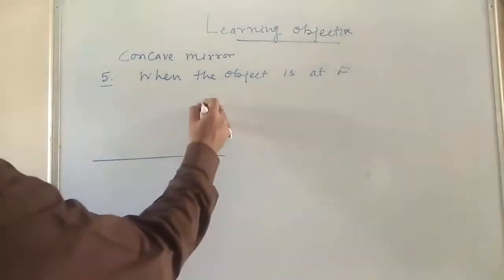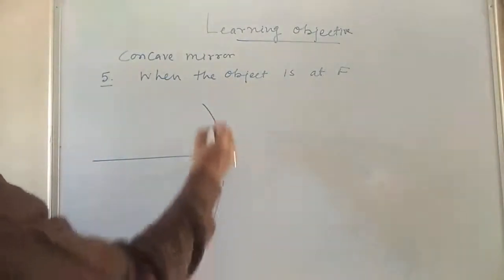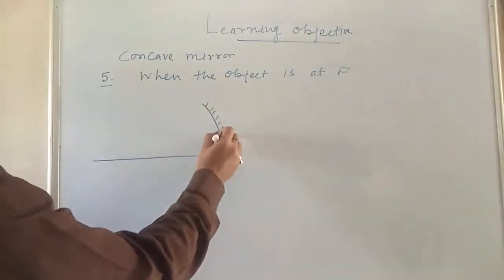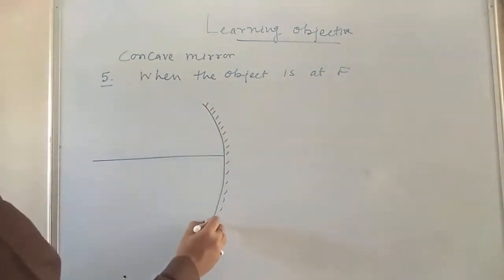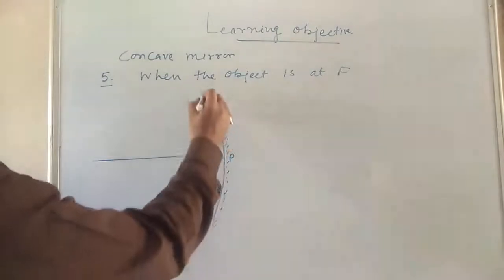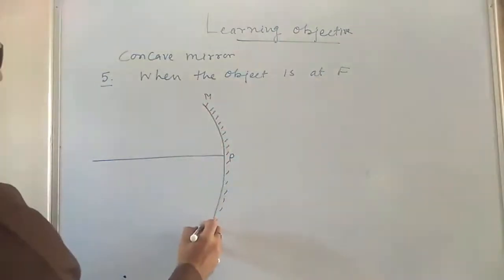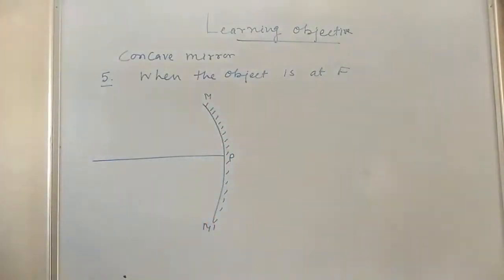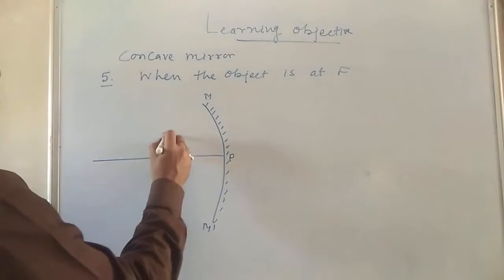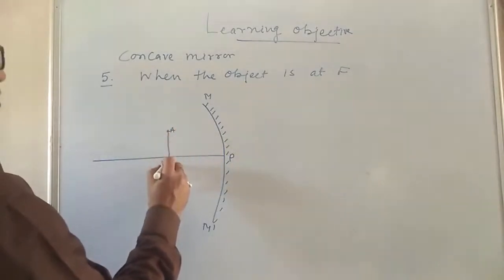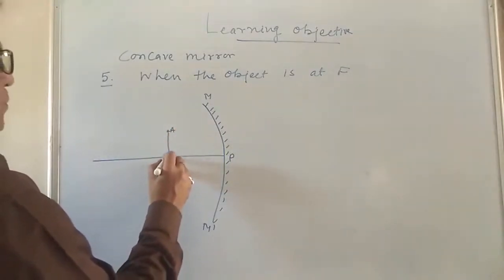This is the principal axis. Here is the concave mirror. This is the pole. Here is the diameter of a mirror. Suppose here is our position of the object, AB is at F.